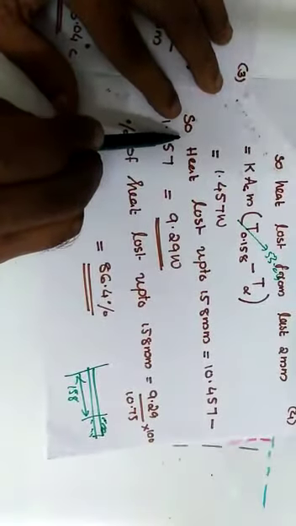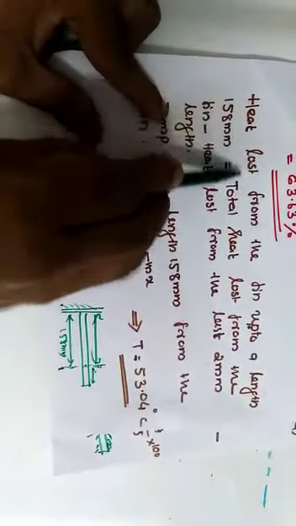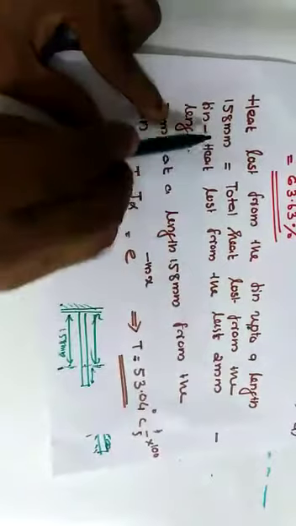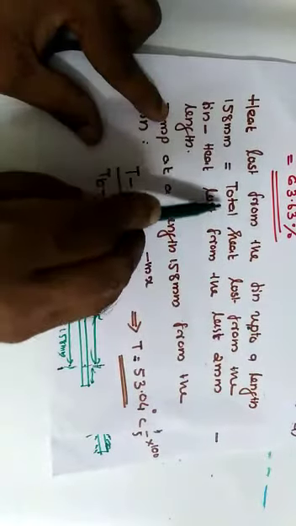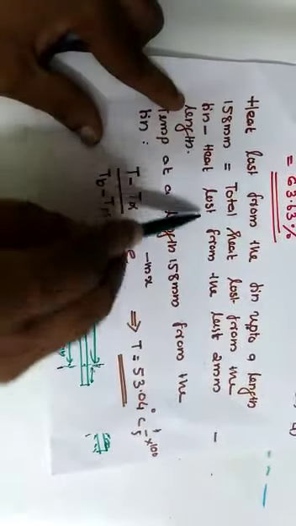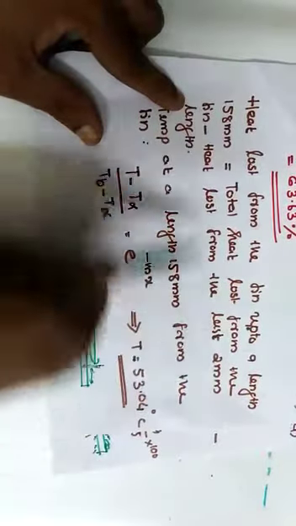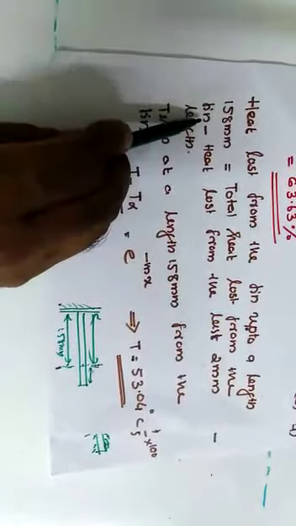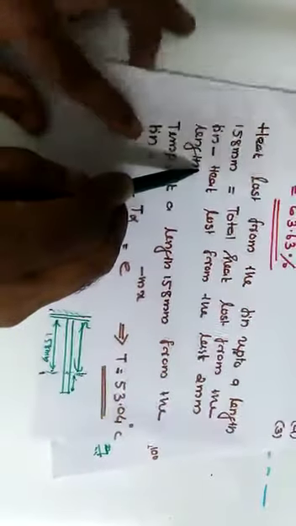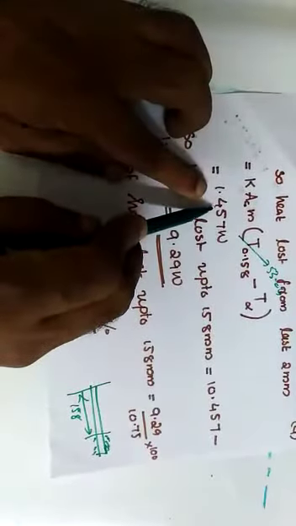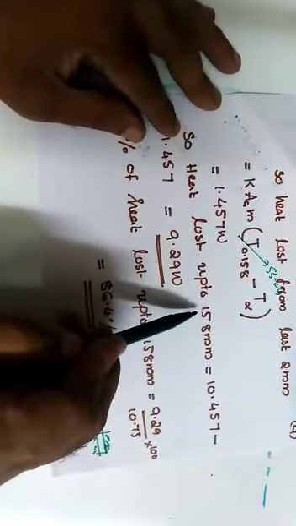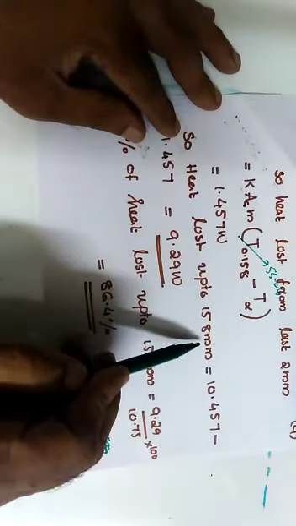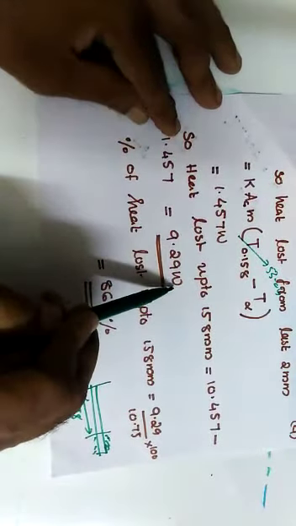So you substitute in this equation: heat loss from the fin up to a length 158 mm equal to total heat loss from the fin minus heat loss from the last 2 mm. This data we already calculated, that is 10.75 watt. This data is calculated as 1.457 watt. So heat lost up to 158 mm equal to 9.29 watt.